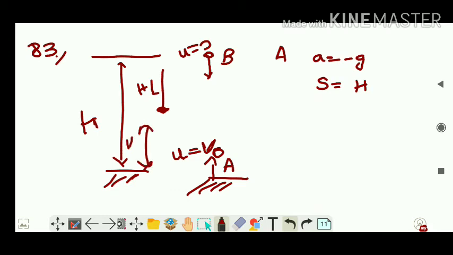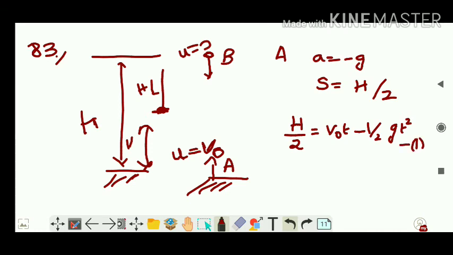So the displacement of A is h by 2, positive, as it is moving up. I can write S is equal to ut plus half gt square. In place of u I will write v naught, so v naught t minus half gt square. Let's make this the first equation.